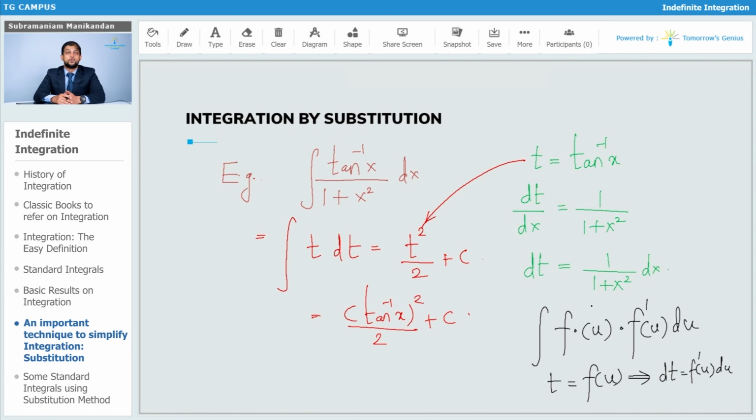Is there a general rule for making substitutions? Again, no. The process of substitution and solving the integration using substitution is also a certain process which requires a subjective amount of judgment, and there is a little bit of trial and error involved. But then that is the fun of integration. There are no set rules as far as substitution is concerned.